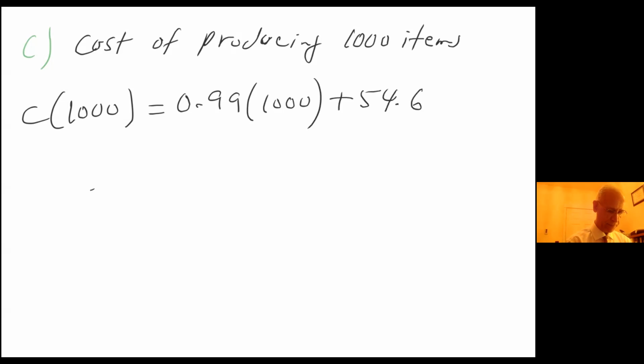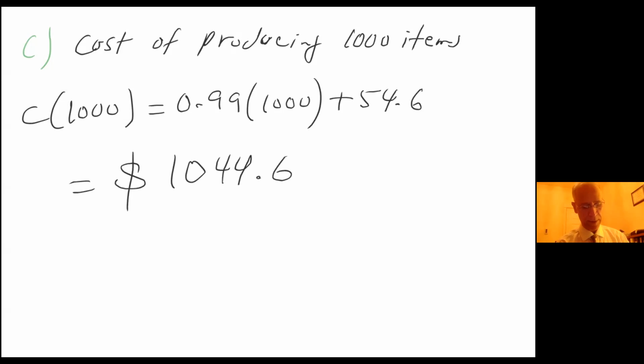And that gives me, of course, it's in dollars, 1044.6. So $1,044.60 is the cost of producing 1,000 items.